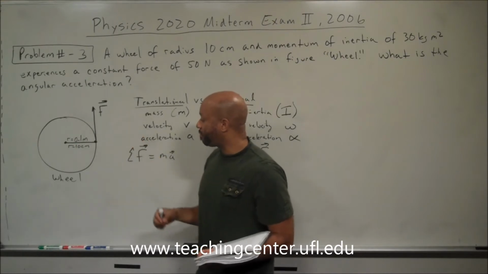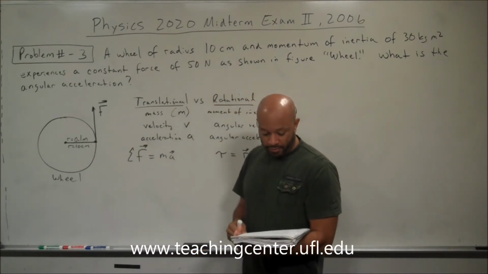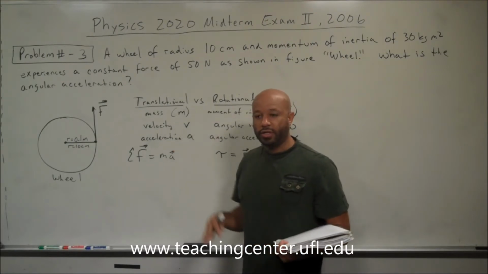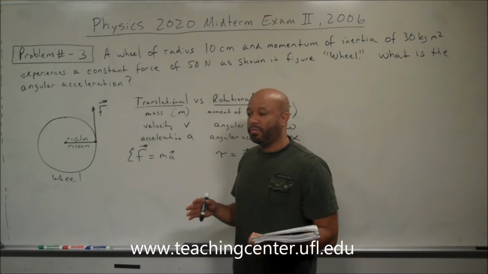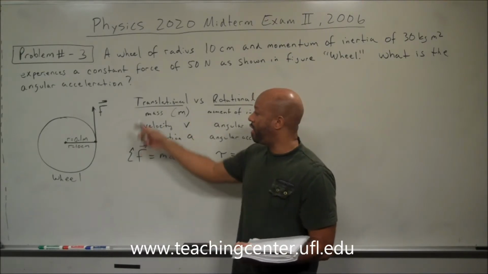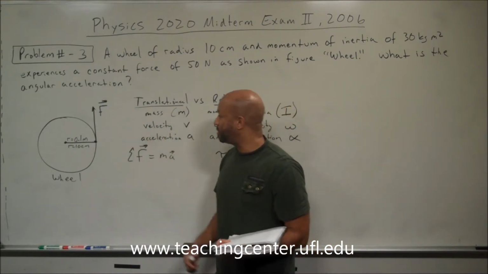That's causing the wheel to rotate. Alright? And so it's asking us, what is the angular acceleration? So basically, what is the acceleration of the wheel when we apply that force? What's the rotational acceleration of the wheel as we apply that force?